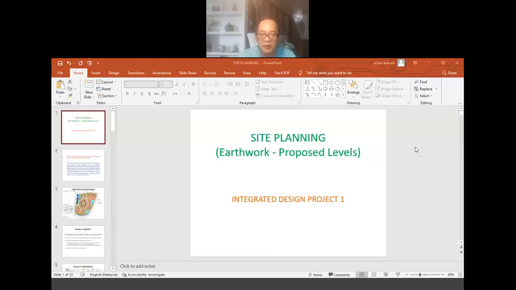So we're looking at the site plan before the proposed development, and from that basic contour plan, we then start proposing certain levels to the overall site.